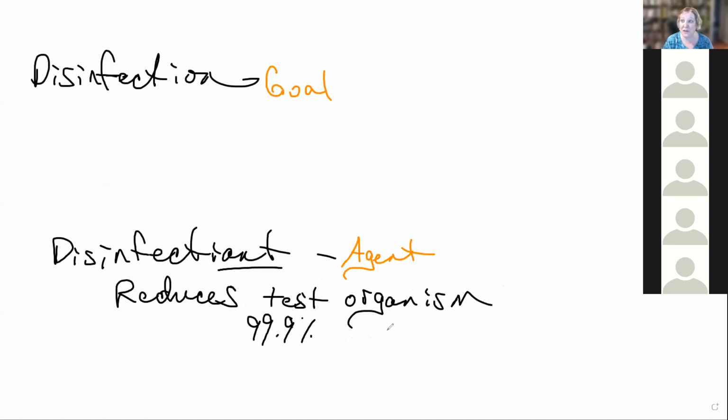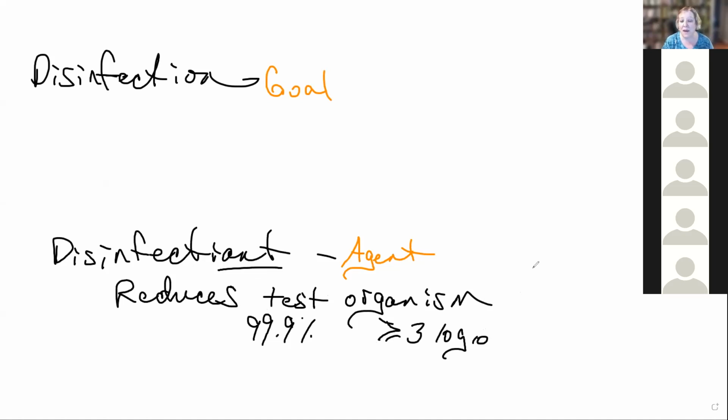So if we convert that to log reduction, a disinfectant reduces a test organism by greater than or equal to 3 log 10. So what does that mean? That means that it doesn't matter what the test organism is, it doesn't have to be a thermoresistant endospore. It can be anything I want to test it against.